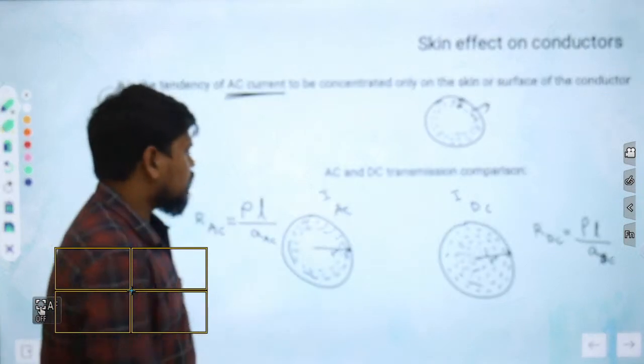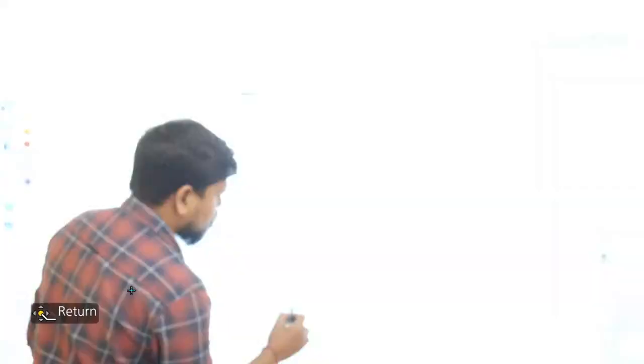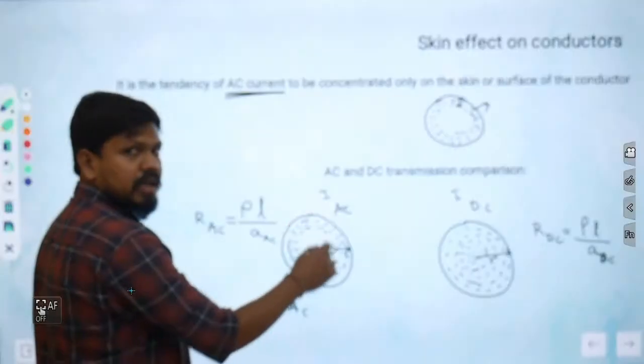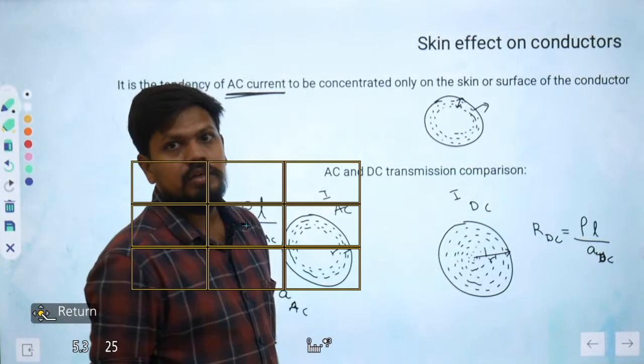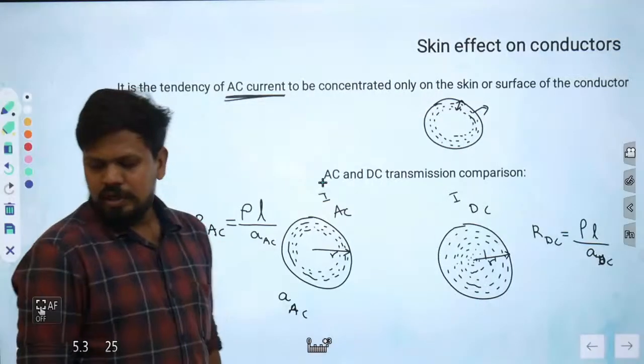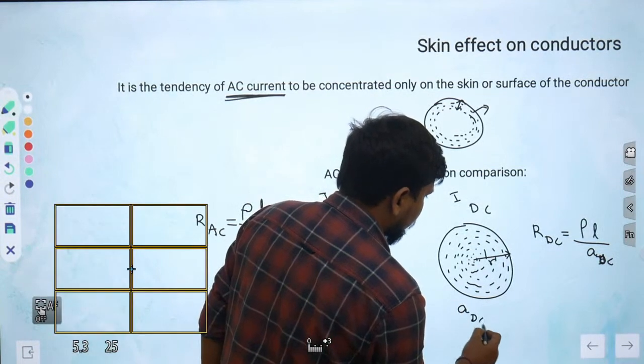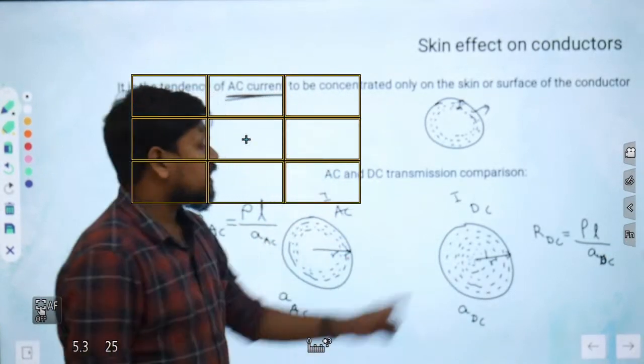If you observe the area of cross section of AC, for the entire area you will not be getting current, and only for this one. The area of DC, if you just check, is for the entire area.